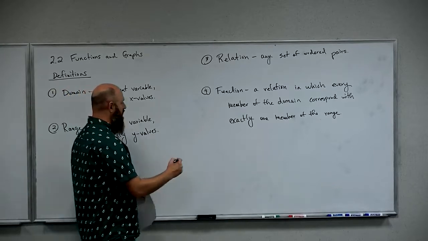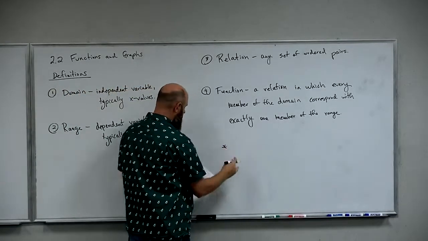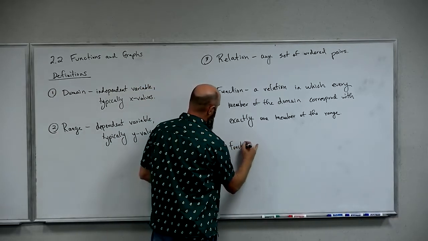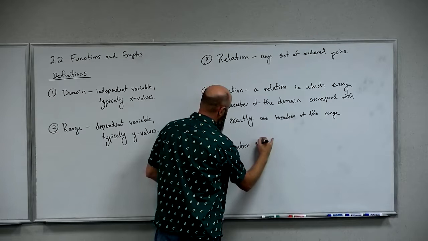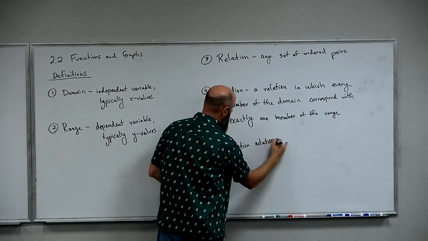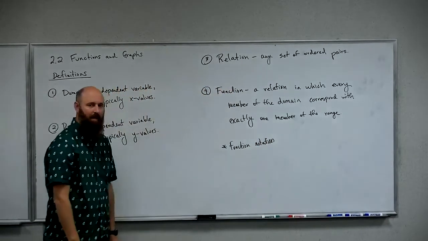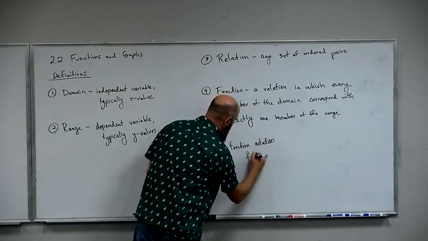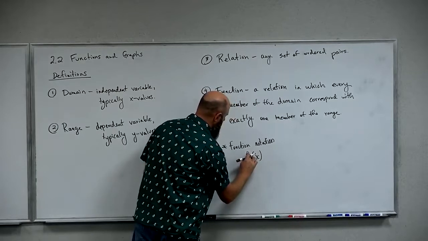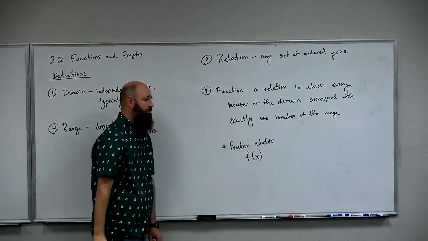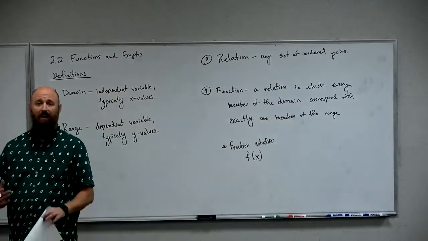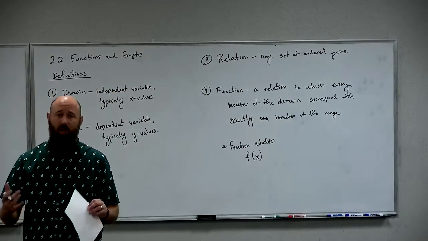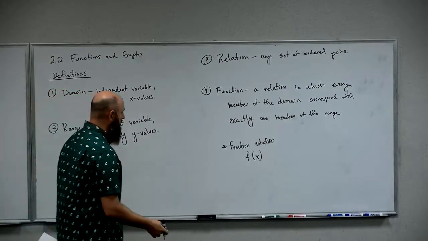Now, one side note here, I'm just going to put here function notation. We may talk more about that later on, but you're going to see it here today as well. So if it does come back up, I'll just remind us. The function notation, you're going to see this f(x) like so. That's how we write that. That is not multiplication. That is f of x is how we read that.